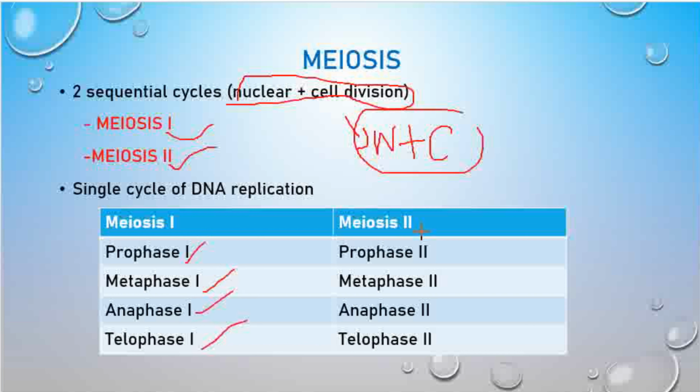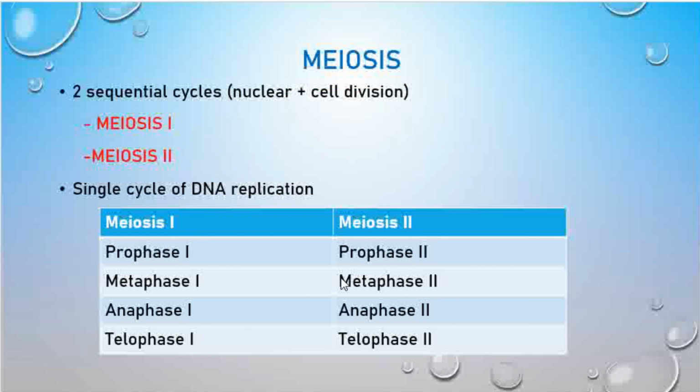And meiosis 2 is also divided as prophase 2, metaphase 2, anaphase 2 and telophase 2. And there is a single cycle of DNA replication. Of course, the DNA must get replicated because after the cell division, the cell must have DNA, right?